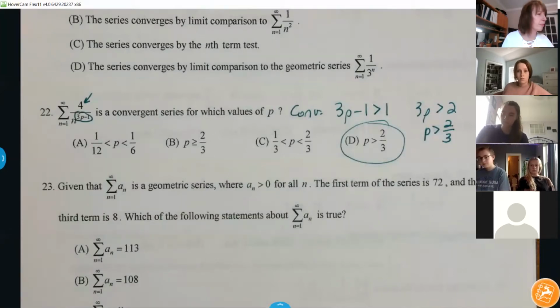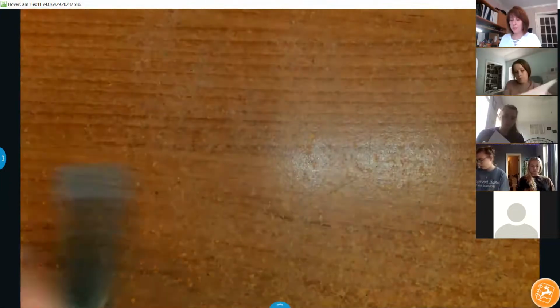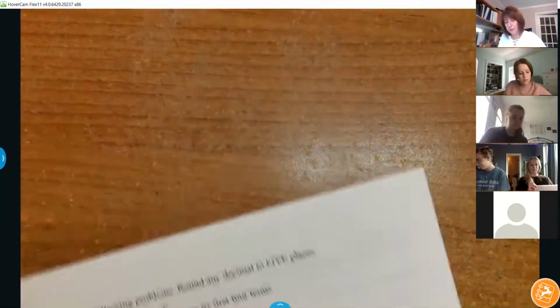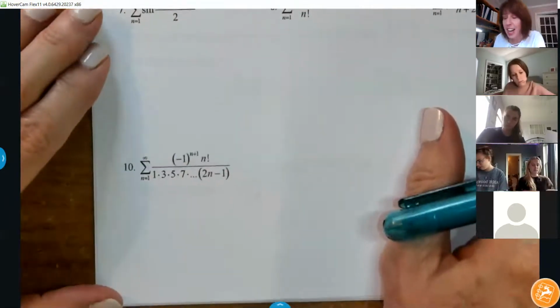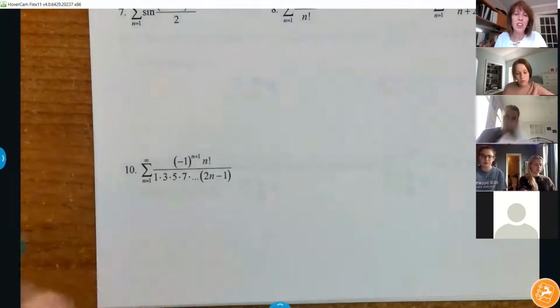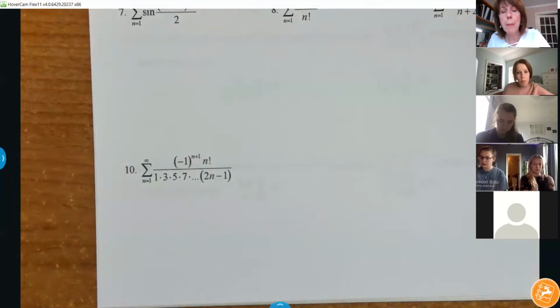Could you do number 10 on worksheet 5? Yes. Oh, yeah. I sure can. So it's kind of a messy one. Again, here's my thought process.